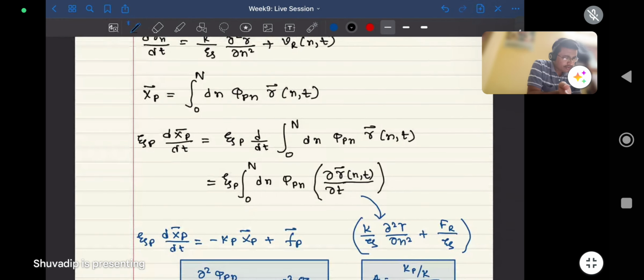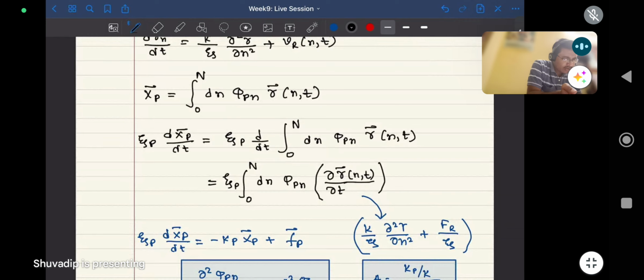So we took d xp/dt, explicitly wrote down the term, and got this ordinary differential equation in the xp space, not in the r space. So we have transformed the variable. Now we have all the equations in the xp space.